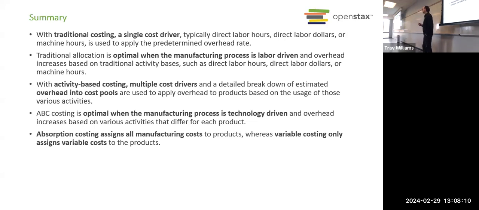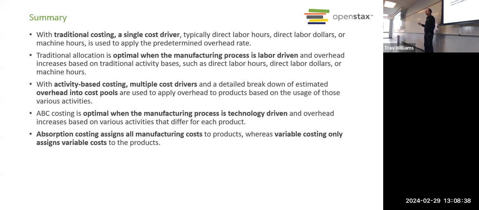So with traditional costing, if you have a lot of labor involved in producing your product, it makes sense to base your overhead estimates on your labor costs or labor hours, or maybe machine hours. But if your company uses a lot of technology and not as much labor in producing your product, you might want to base your overhead estimates on other things.